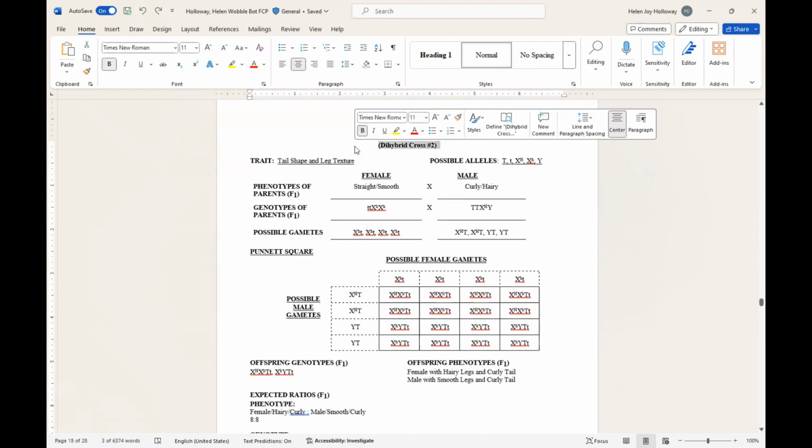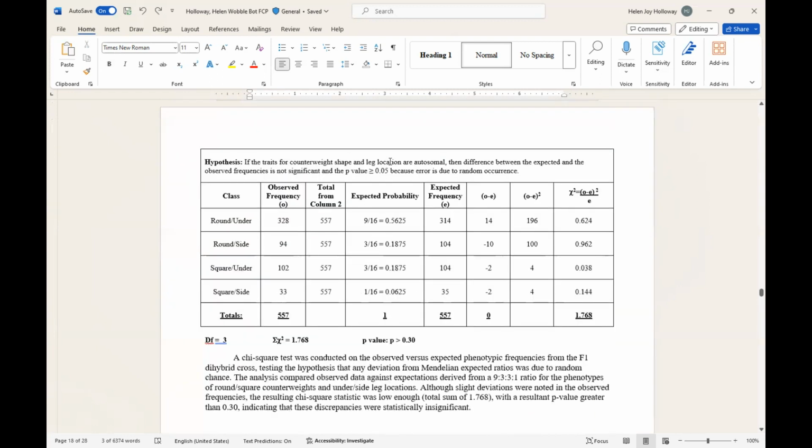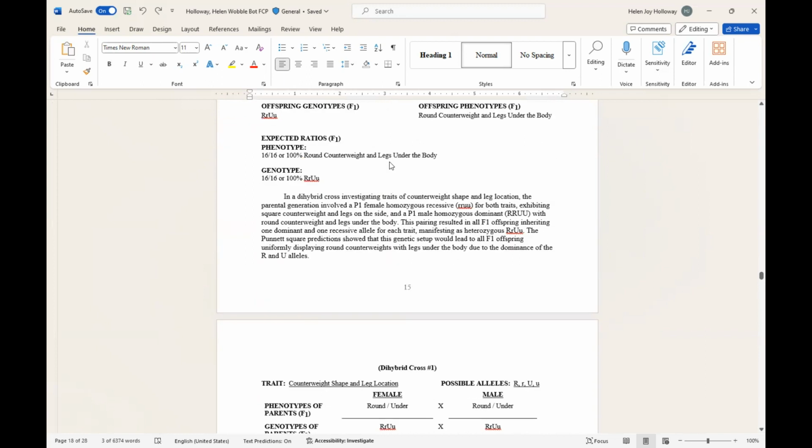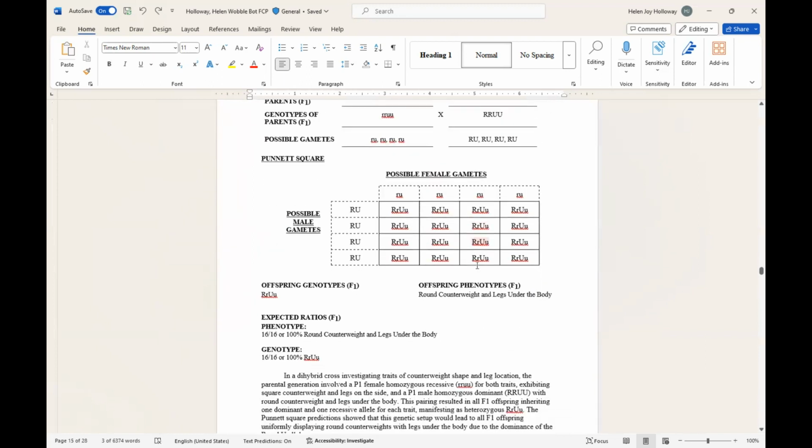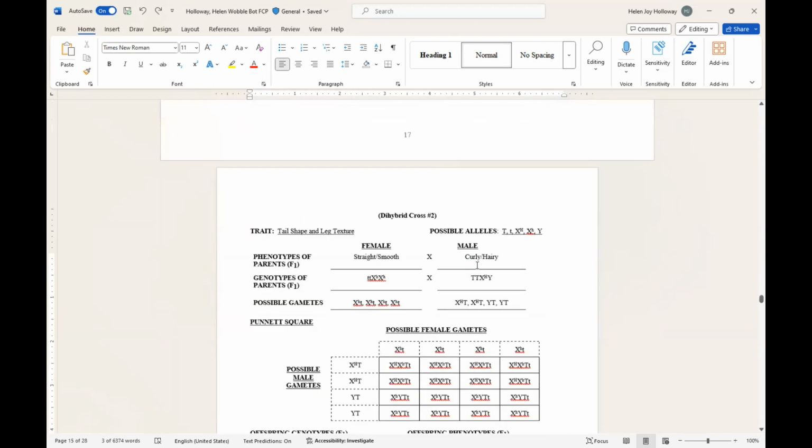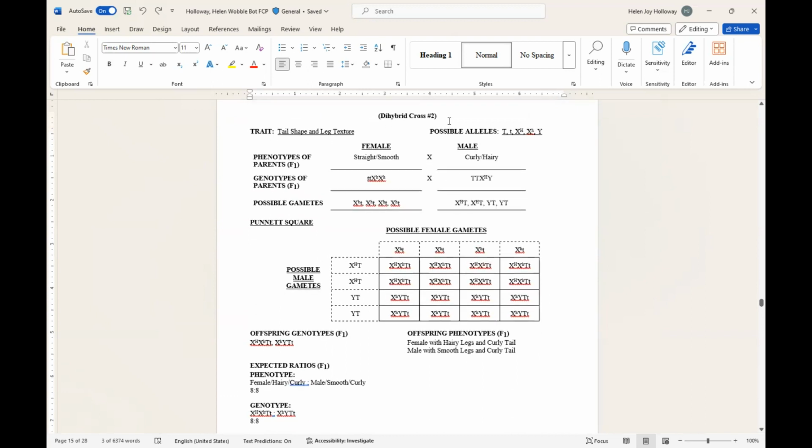Pay attention. So for dihybrid cross number 2, this is where what I'm doing is not technically correct. What Stu and Jean want us to do is do this entire process assuming that it's autosomal for this second dihybrid cross, but I'm not an idiot.